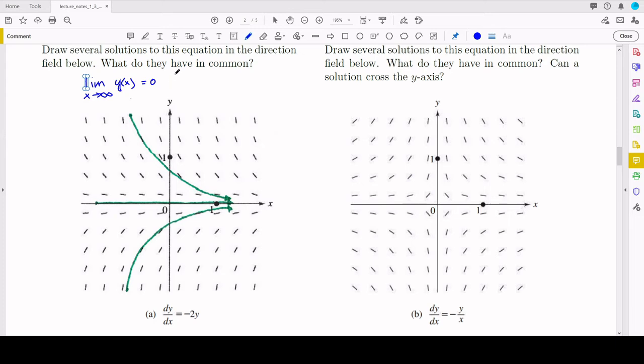Or stated differently in terms of algebra, the horizontal asymptote is y equals 0.